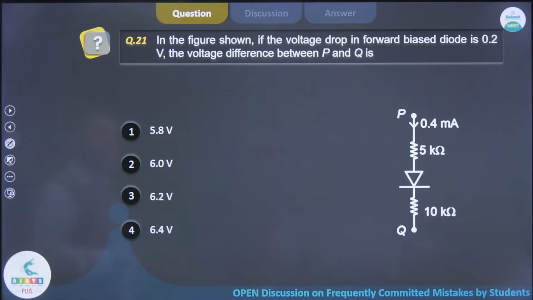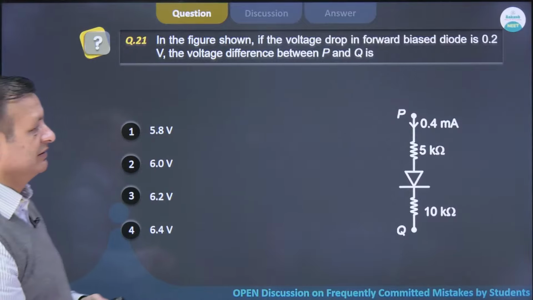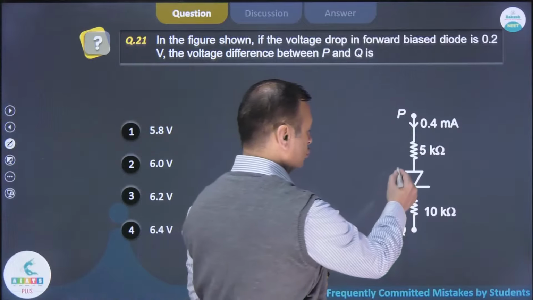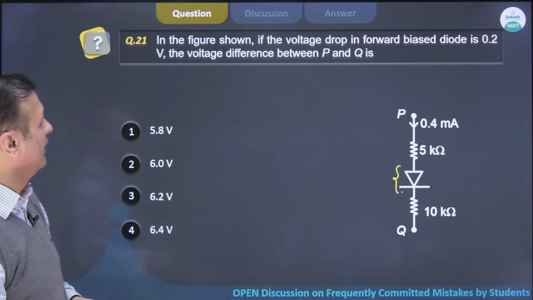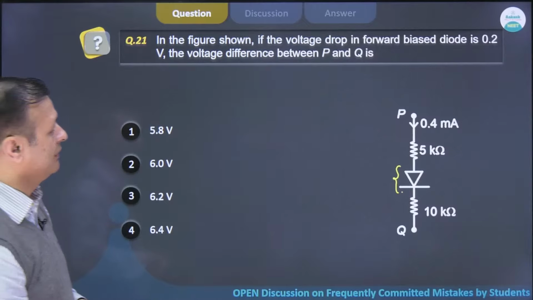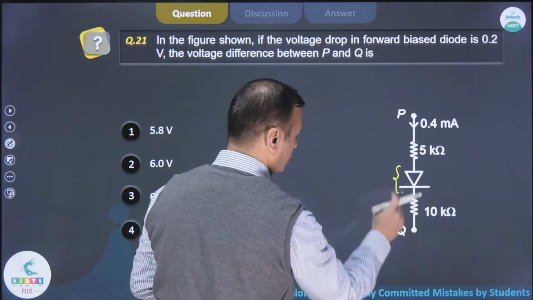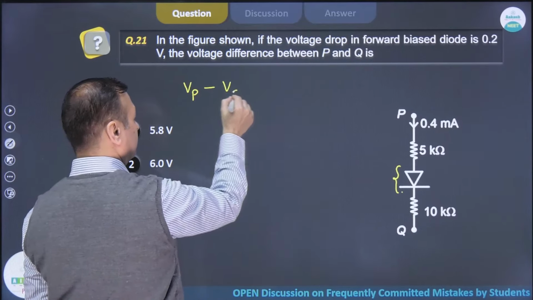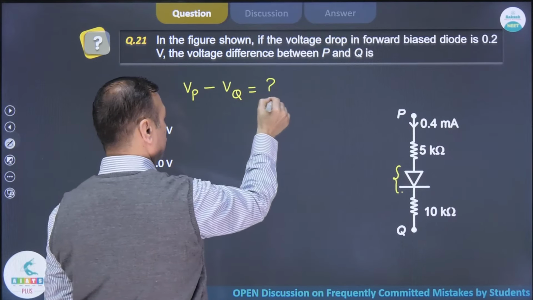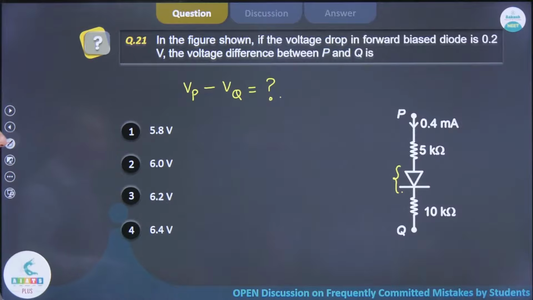Moving to the next. In the figure shown, if the voltage drop in the forward biased diode is 0.2. So here we have a voltage drop, and then we have to find out the potential difference between P and Q. Fine.